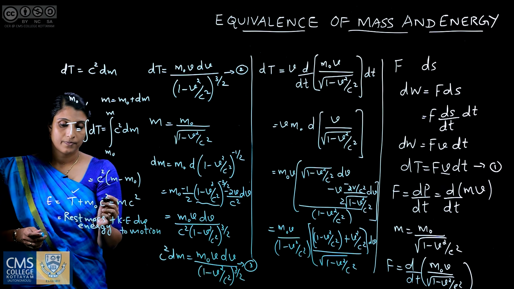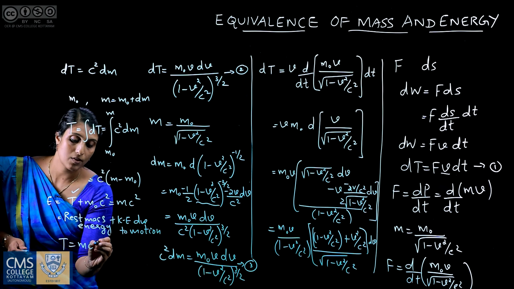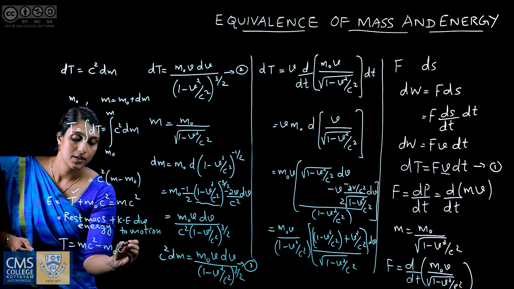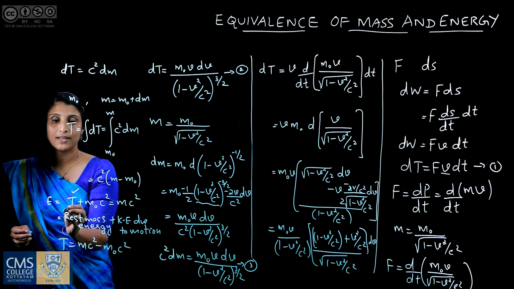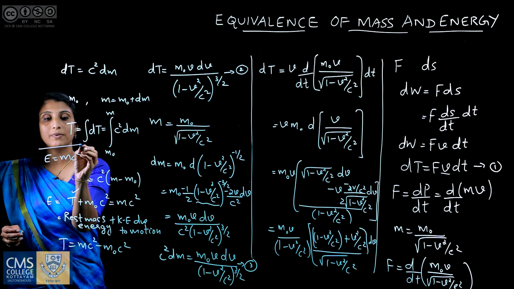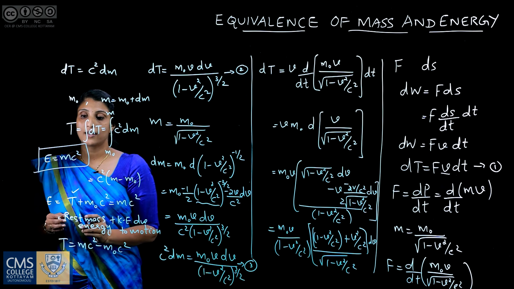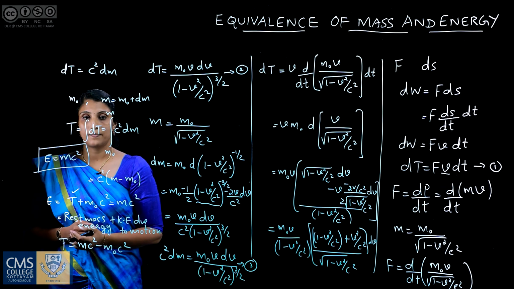So, now we have T equals m c square minus m0 c square, and this relation E equals m c square is the famous relationship obtained by Einstein that connects mass and energy.